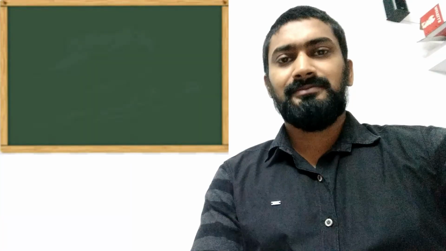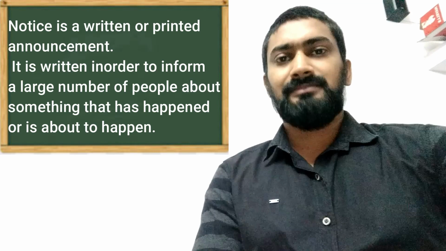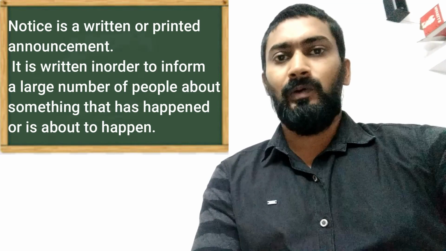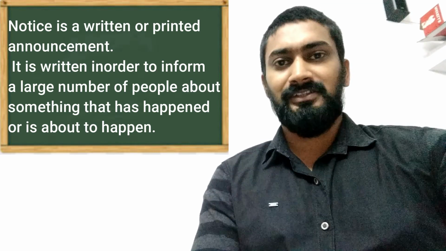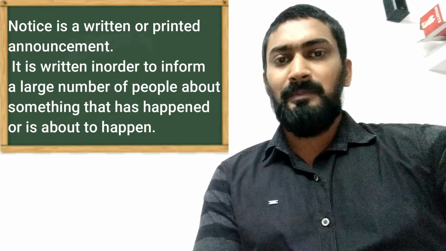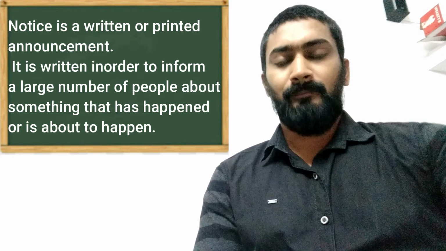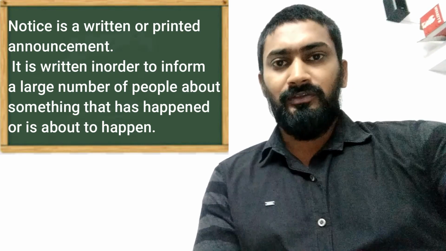First of all, let us understand what is a notice. So notice is nothing but it is a written or printed announcement. In simple words we can say it is an announcement, and that can be written or it can be in the form of printed form. A little more explanation if we want to give.